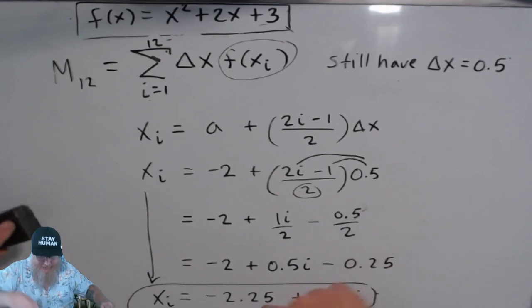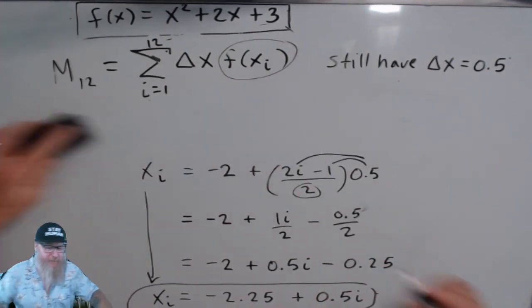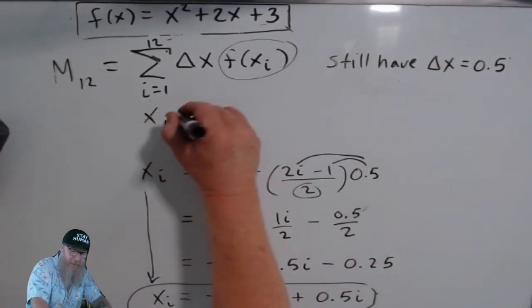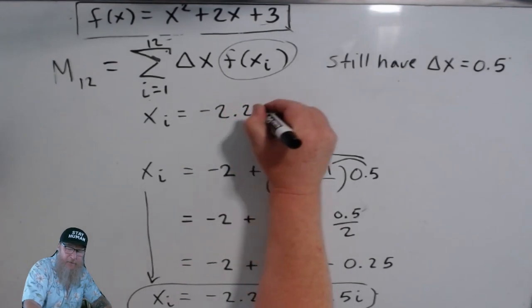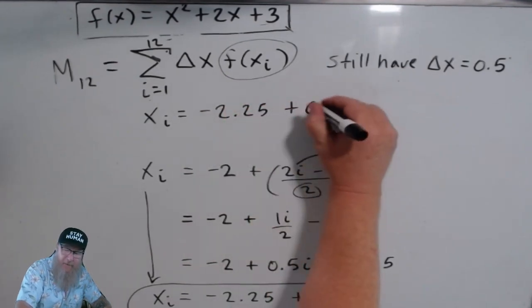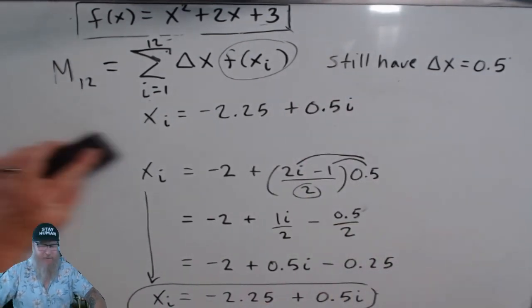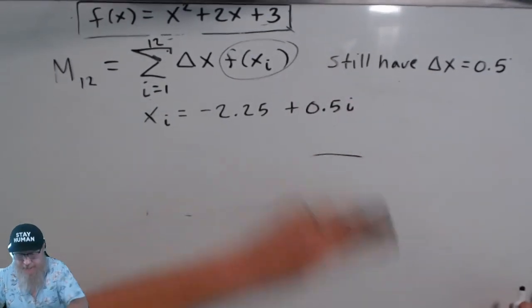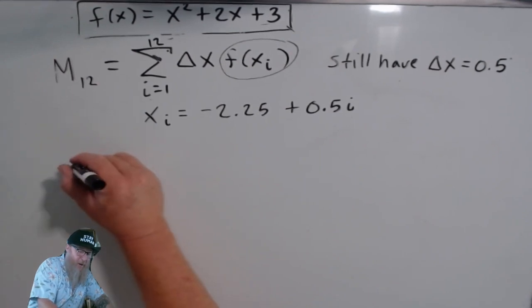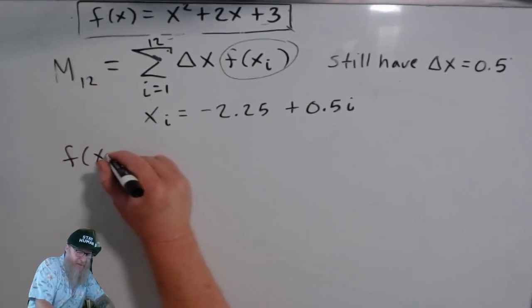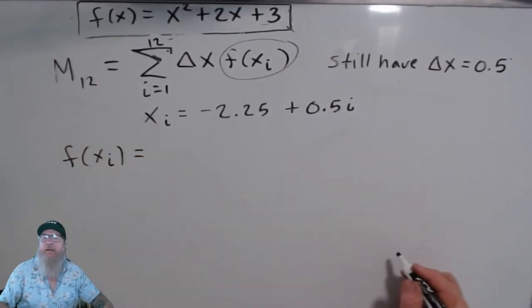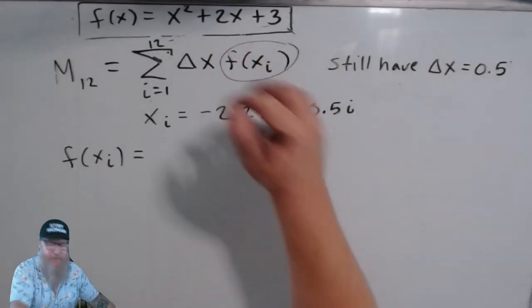So now we're going to take these numbers and plug them in. So let's copy them up here. Negative 2.25 plus 0.5i, just so I can have this board space back. And then we'll do our f's, f of xi. So here's our function.